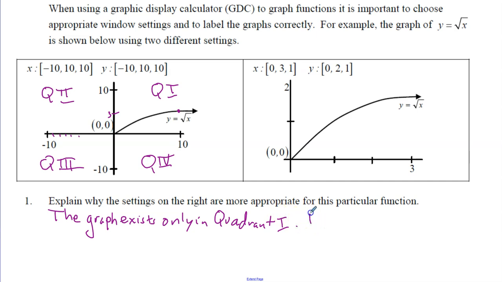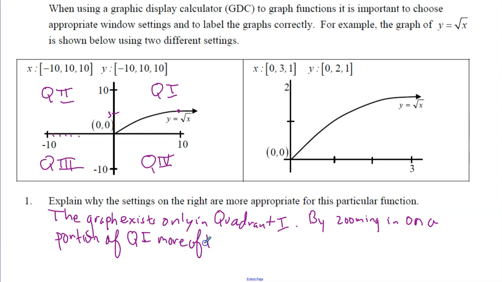So by zooming in on a portion of quadrant 1, more of the graph can be examined in detail.